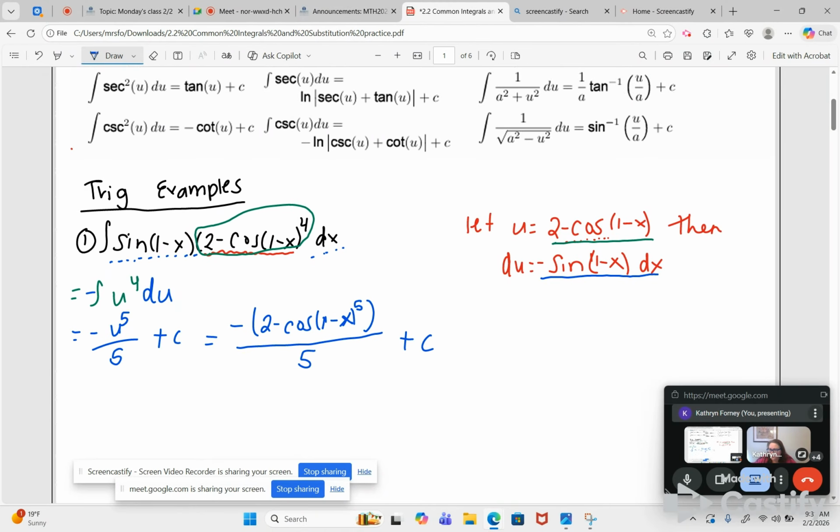Yes. That was correct. Now, you can leave it like this, or you can pull out a negative 1/5 times (2 minus cosine(1 minus x)) to the 5th. Either one of those is fine.